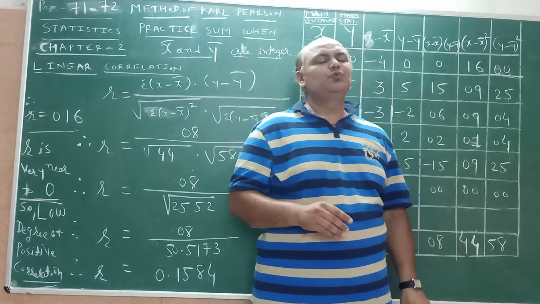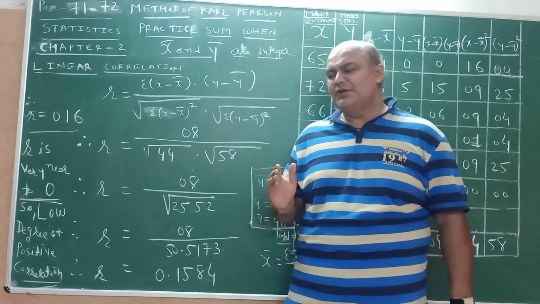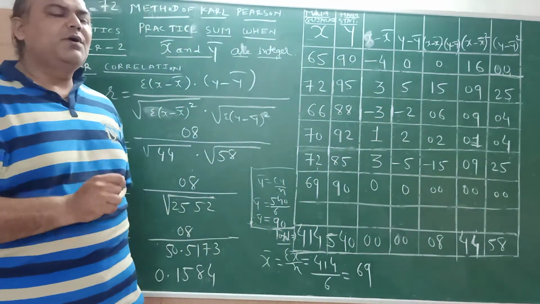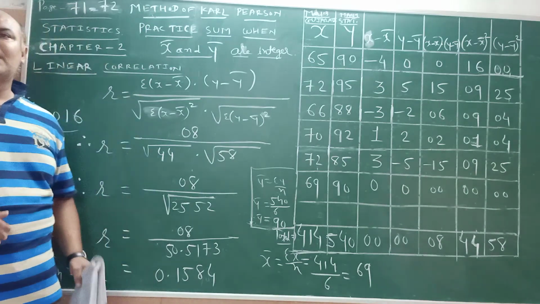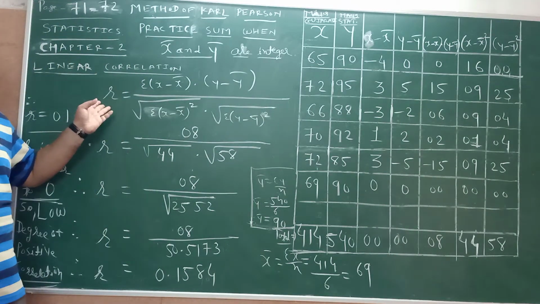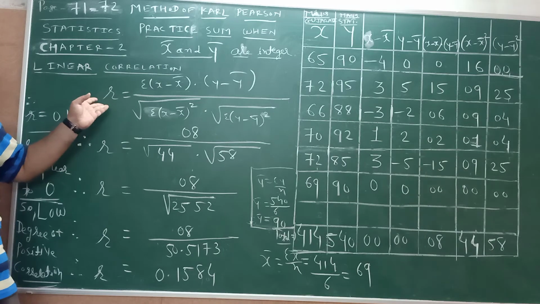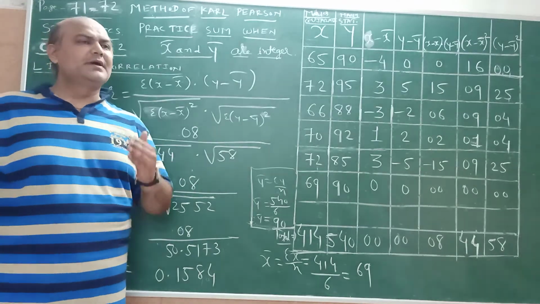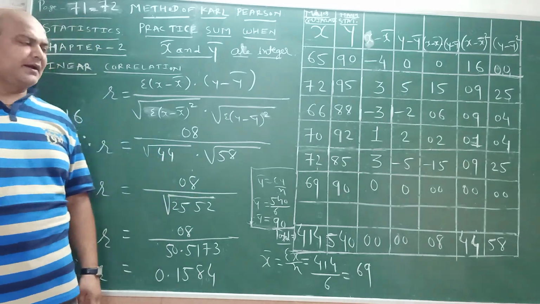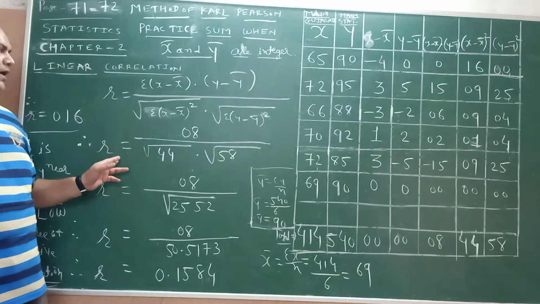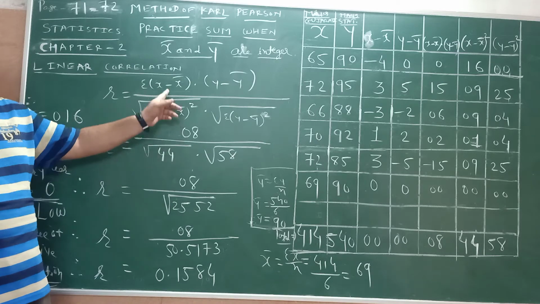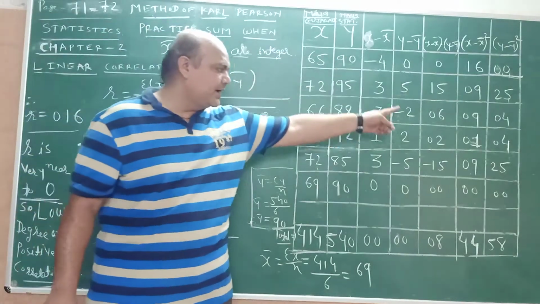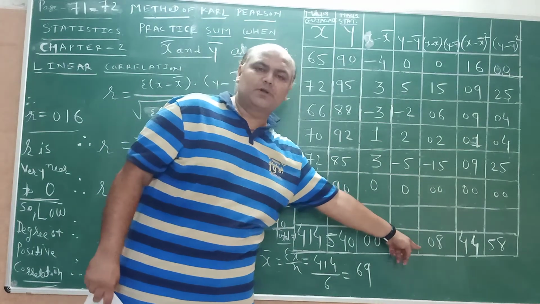Now what we have to do? We have to put these values into the formula. As we all are aware, we apply the formula r is equal to sigma x minus x bar into y minus y bar upon under root sigma x minus x bar square into sigma y minus y bar square. Now we put the values. So r is equal to, in numerator position, the total of the fifth additional column, that is sigma x minus x bar into y minus y bar, and the total is 8.